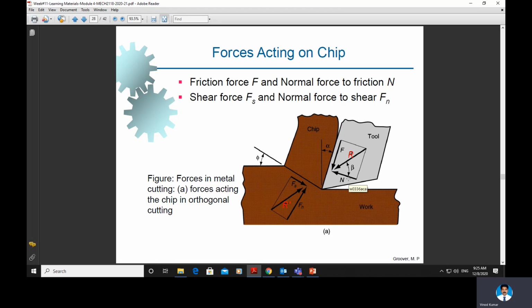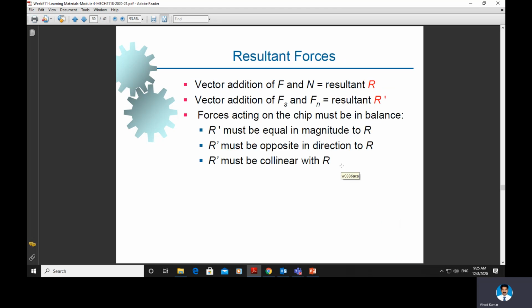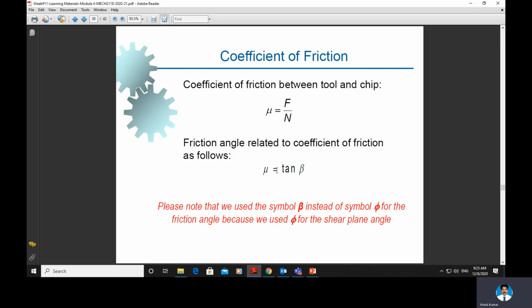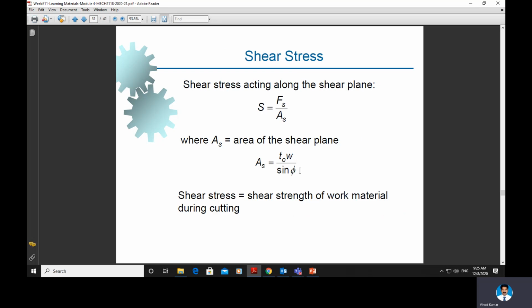So we call it the friction angle. So mu, the coefficient of friction, is equal to tan beta.